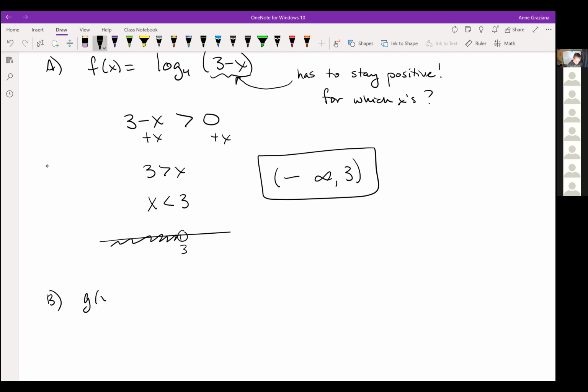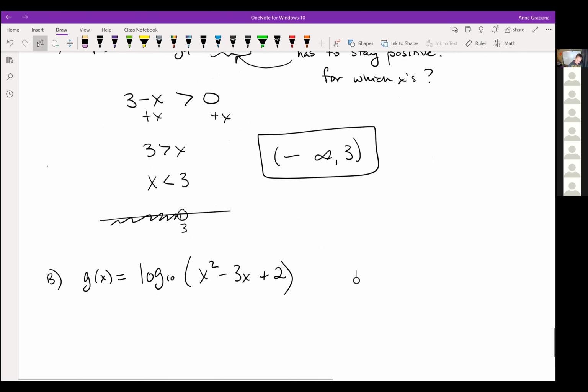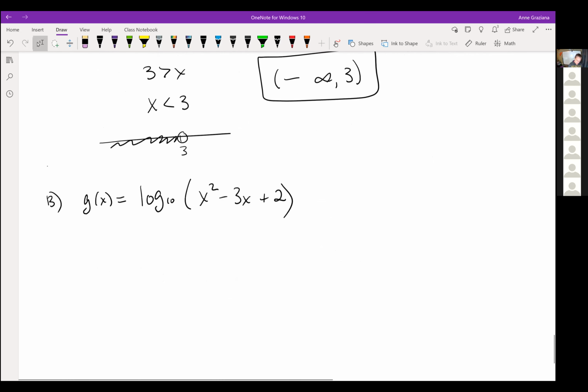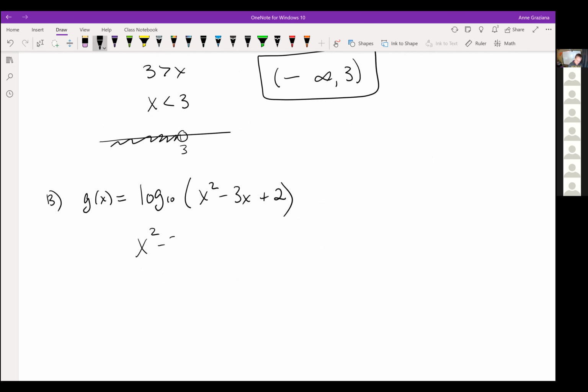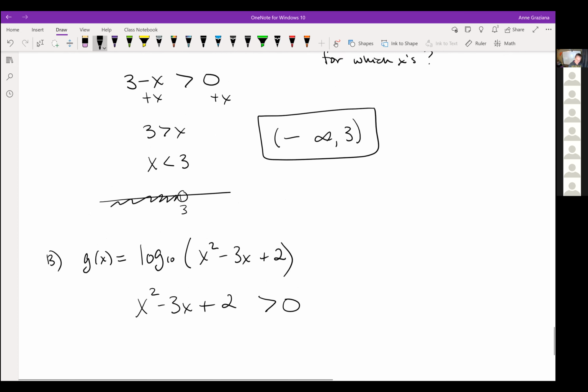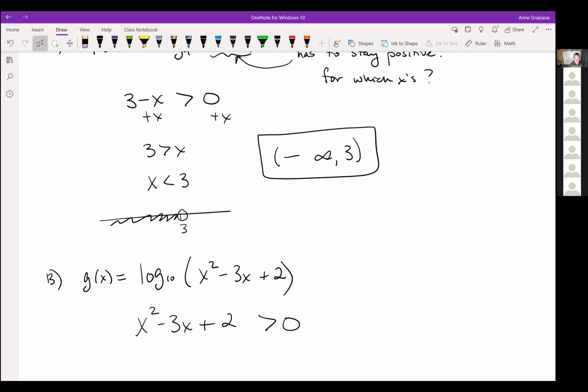g of x is equal to log base 10 of x squared minus 3x plus 2. Again, the way you solve this is you take whatever your input is and you make it greater than 0. All right, guys, here's the true test to see if you learned anything last week.